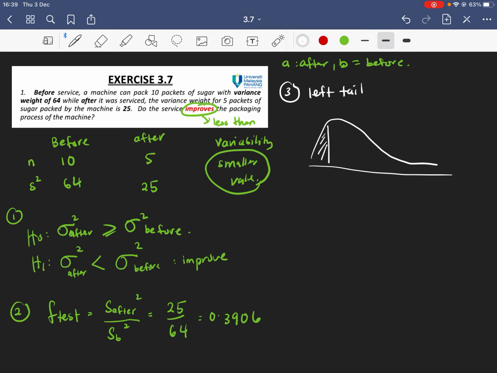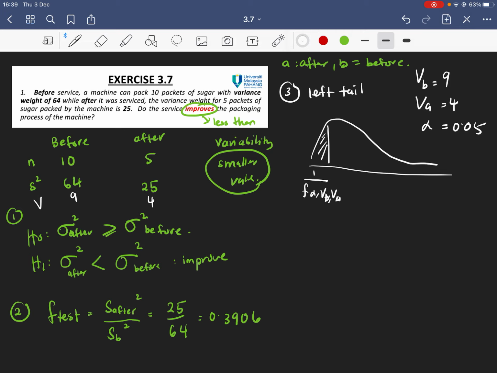So here is 1 over F alpha, nu 2, nu 1. So nu 2 here is nu B. Nu B, nu A. Nu B is equal to 10 minus 1 is 9. Nu after is 5 minus 1 is 4. Nu B is 9. Nu A is 4. Alpha is 0.05.